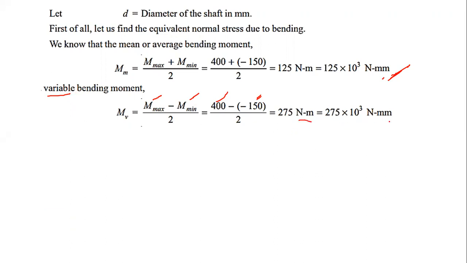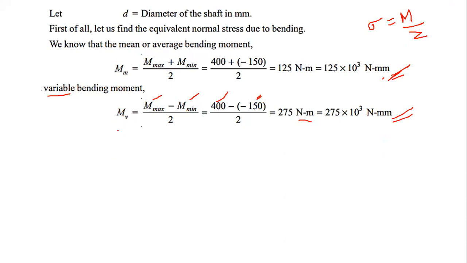So 275,000 Newton mm is the variable bending moment. After getting the mean and variable bending moments, you have to find out the value of bending stress. Bending stress is sigma equal to M by Z. Z is the section modulus, M is the bending moment, mean and variable bending moments.